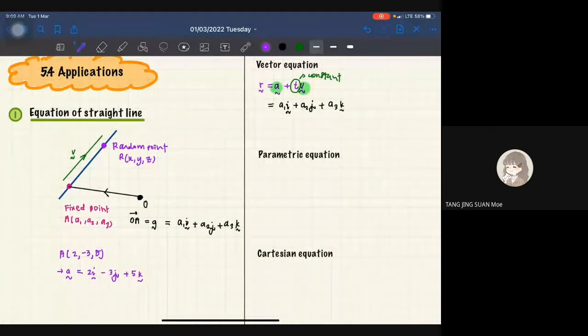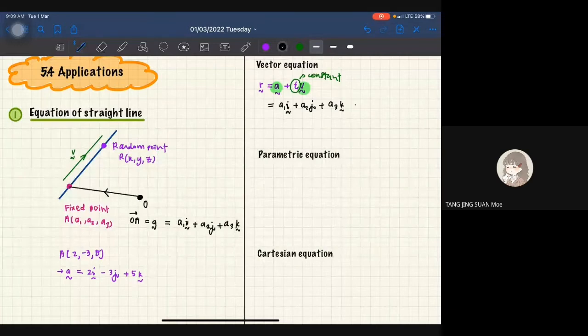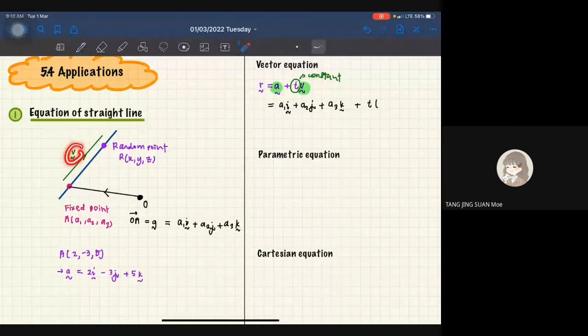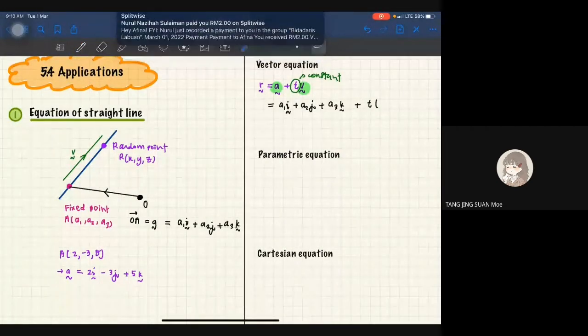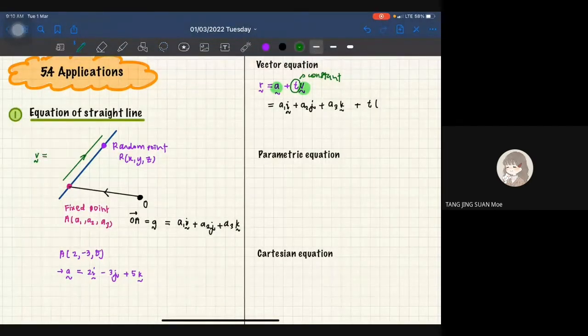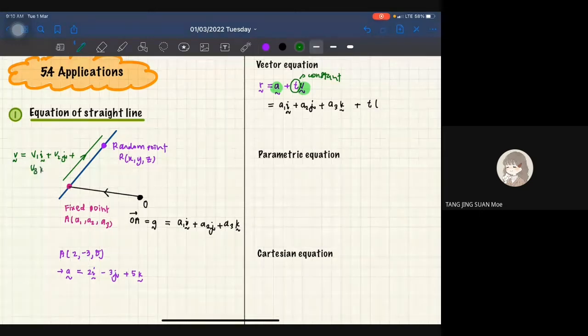Okay, so settle untuk A. And then kita akan tambahkan dengan TV. Okay, so V adalah vector yang ada dekat sini. Okay, so our vector here dia adalah sama dengan V1I plus V2J plus V3K.